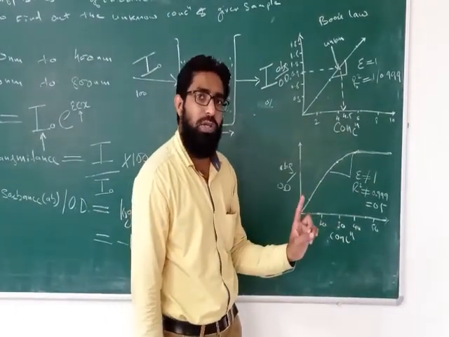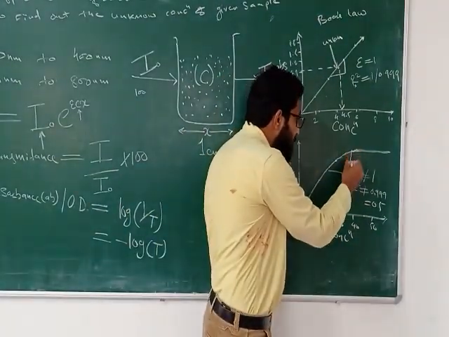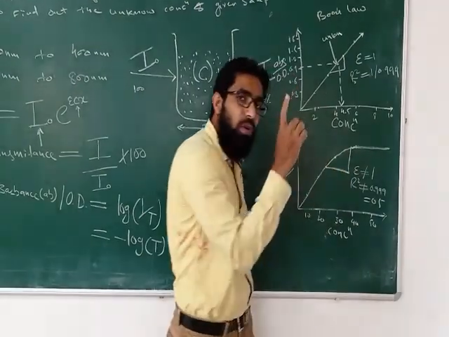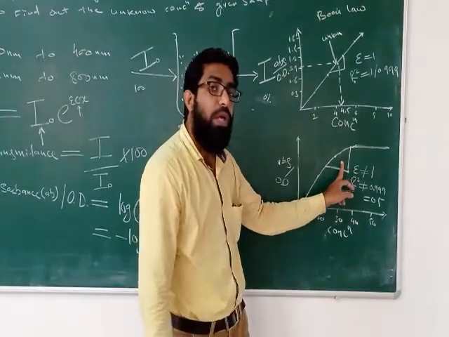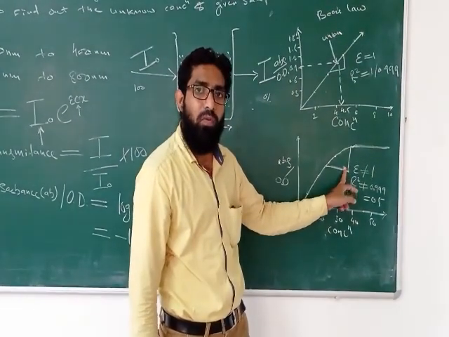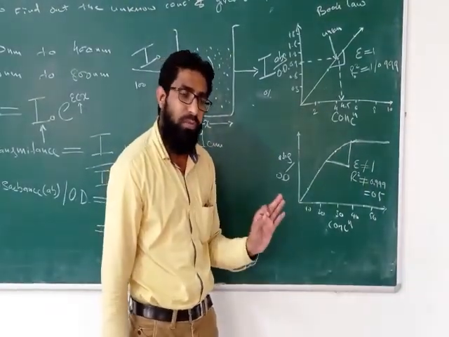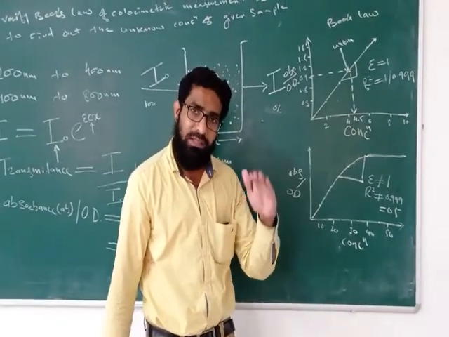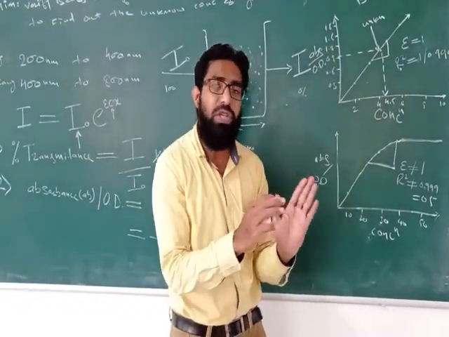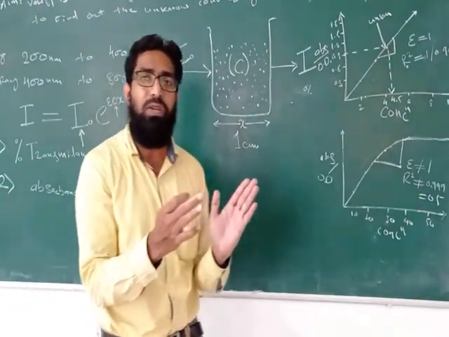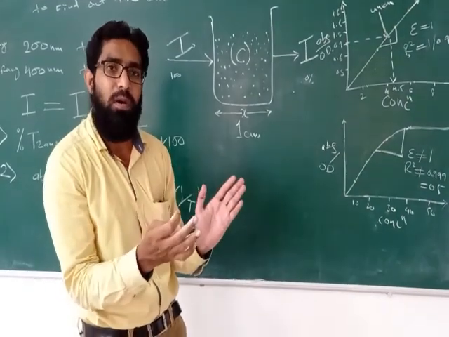For the ideal situation, the molar extinction coefficient must be equal to 1, which is calculated from the slope of the graph. If the molar extinction coefficient and R square value are less than 1, it indicates deviation from linearity or deviation from Beer's law.